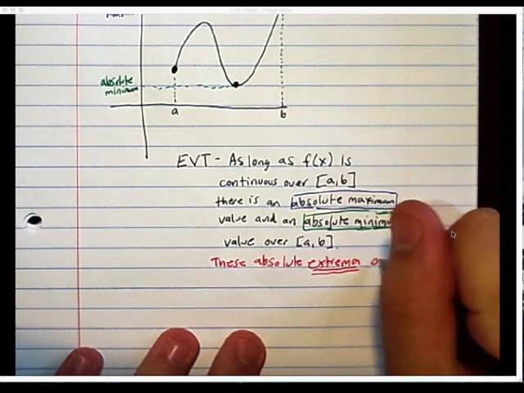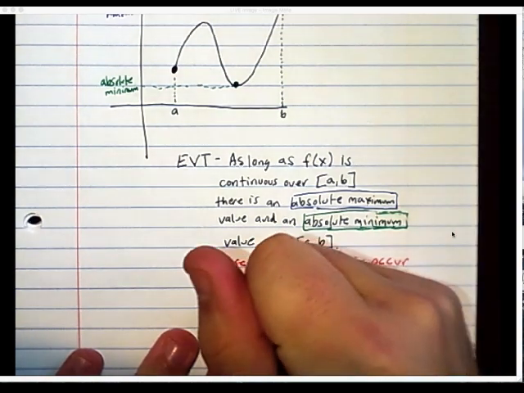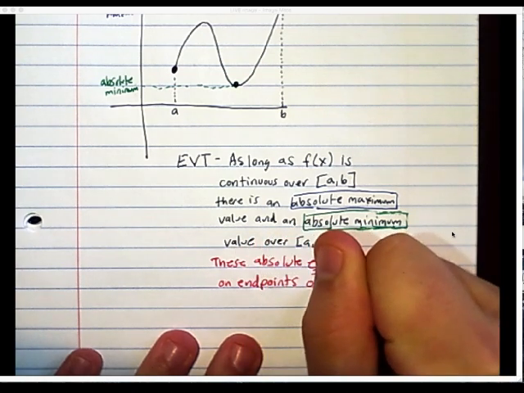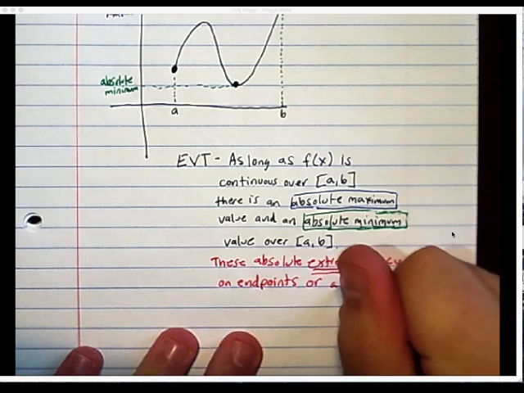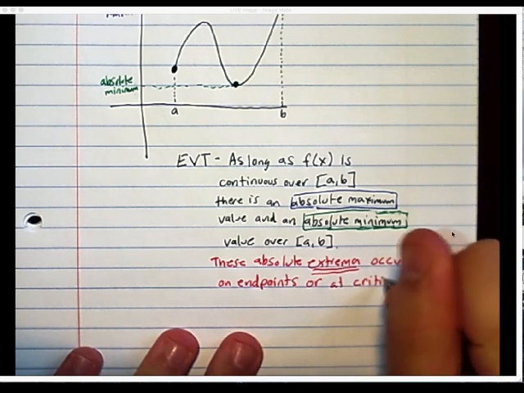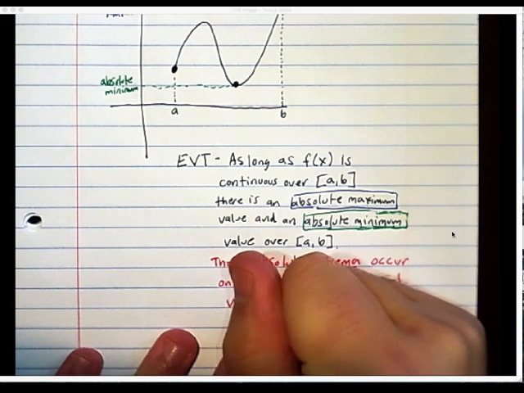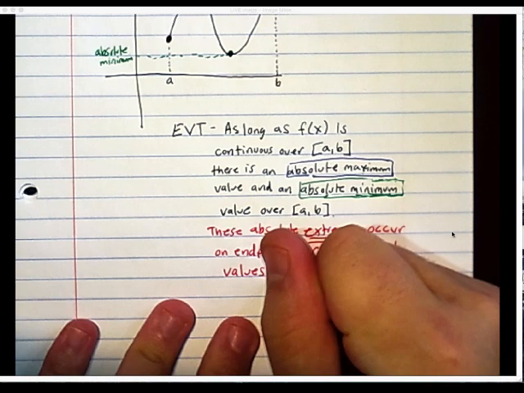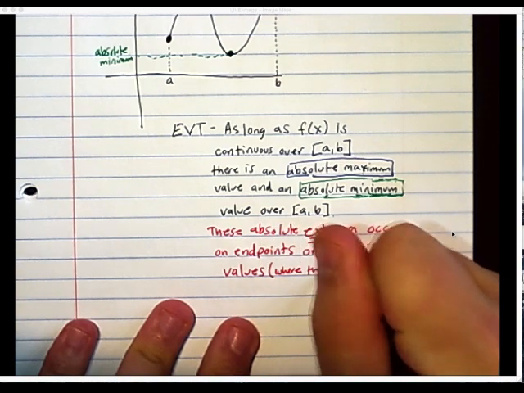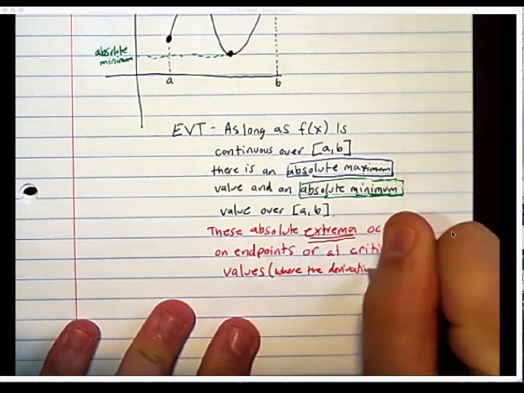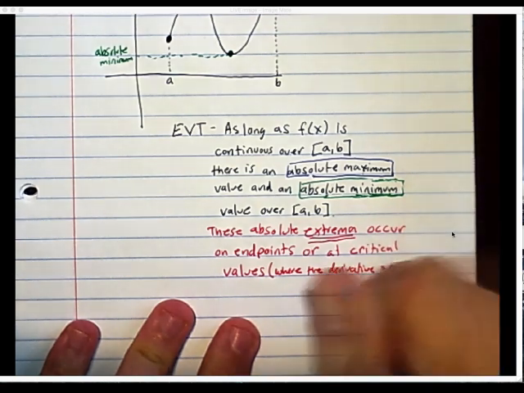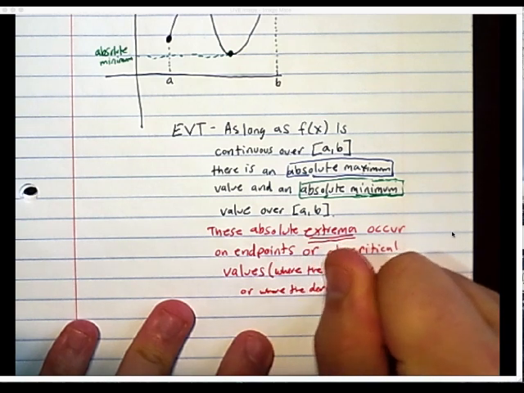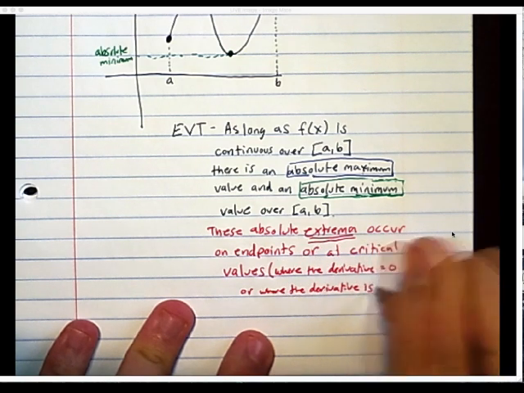They're going to occur on the endpoints or at critical values. We'll learn more about critical values as we go on, but critical values are where the derivative equals 0 or where the derivative is undefined.